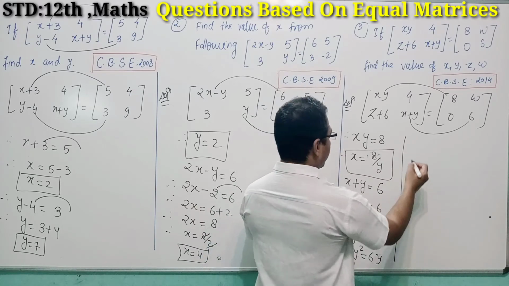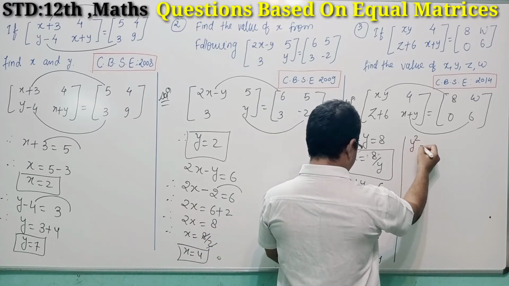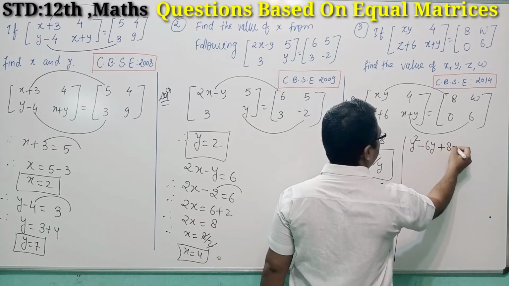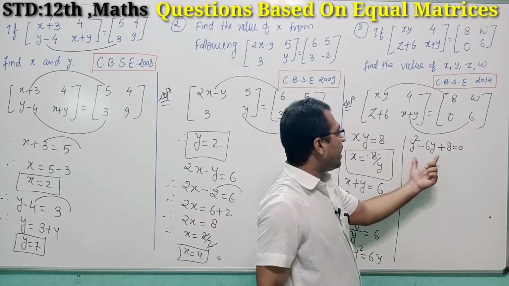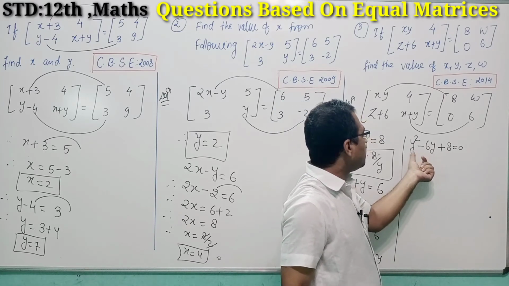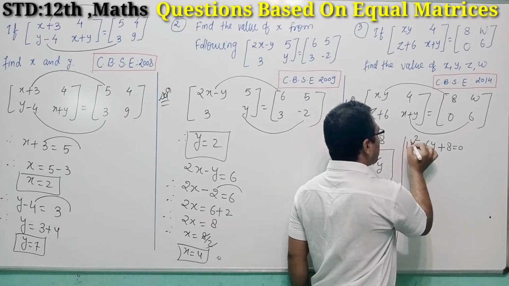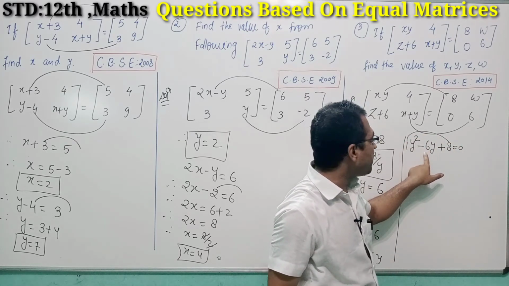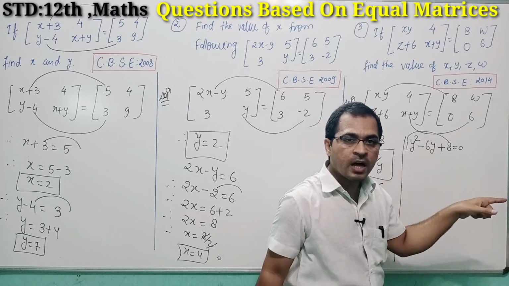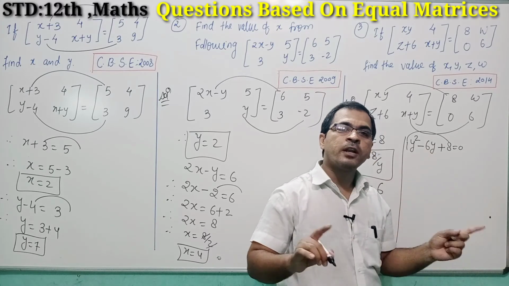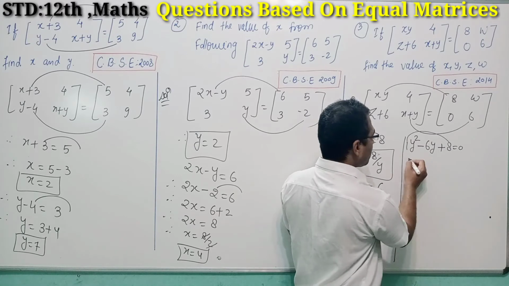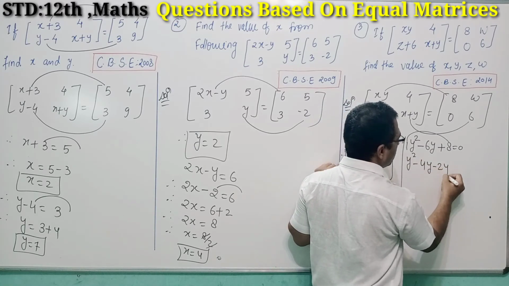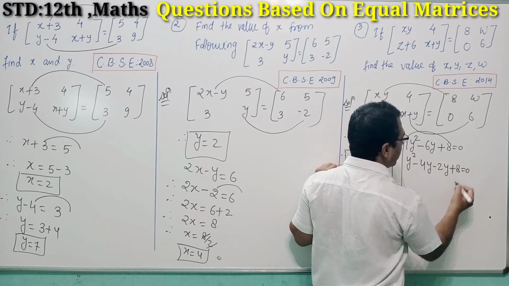Here we are getting a quadratic equation: y square minus 6y plus 8 is equal to 0. Now you will have to split the middle term. The coefficient of y square is 1, so the product is 8. What do you require, students? Minus 6. So 4 twos are 8, and minus 4 and minus 2 make minus 6. So y square minus 4y minus 2y plus 8 is equal to 0.